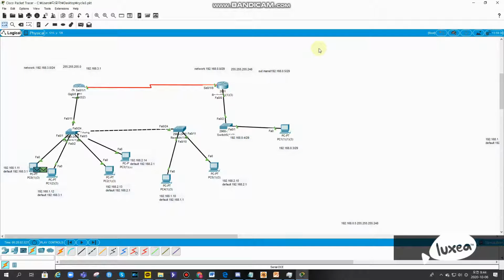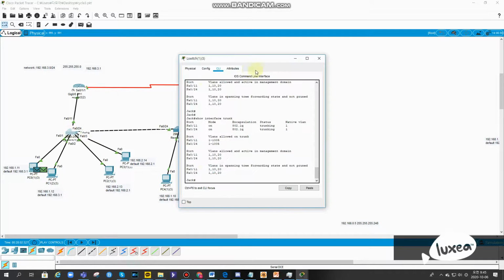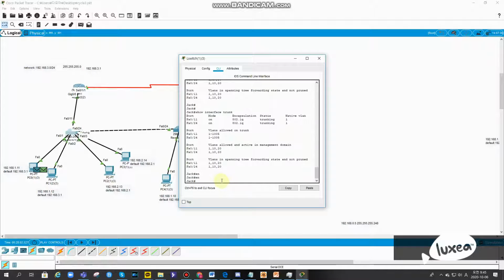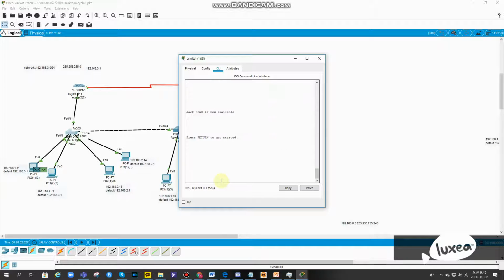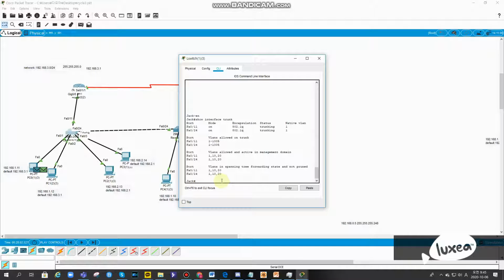Okay, so the last one, I just want to show you guys how to check interface trunk. I will use interface trunk to check how many trunks were used in here. Also, I want to show mine too. Okay, show interface trunk.